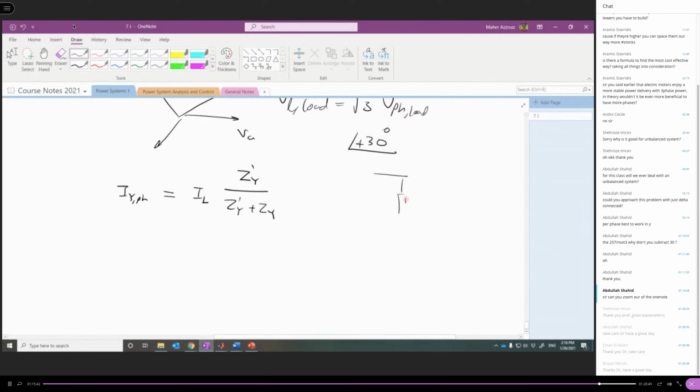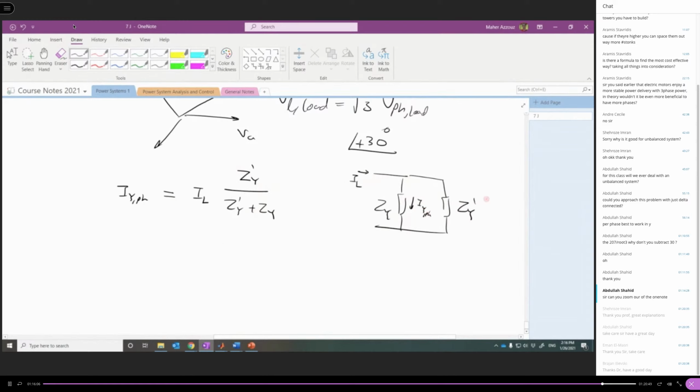You know the current division. If you have two loads, Z star and Z star dash, and this is the line current, if you want to get this current, you multiply the input current by the impedance of the other branch and divide by the summation. This is to get I star here, and this is phase.